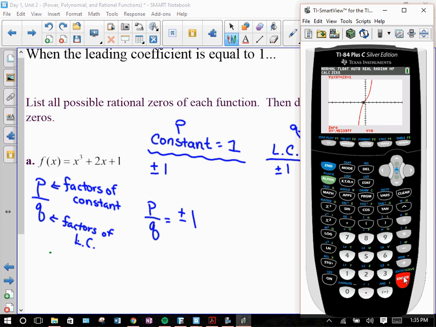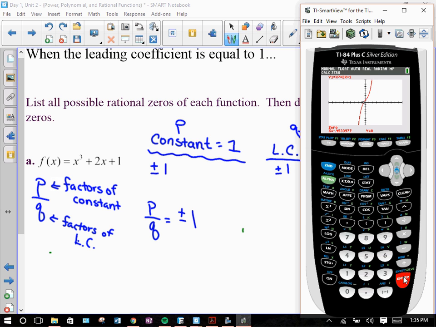This comes out to 0.4533977. It's going to go on forever. That's not a rational number. So by graphing that, we're able to see that neither one of these rational numbers is actually a zero. So the issue is, how do we figure that out without graphing?